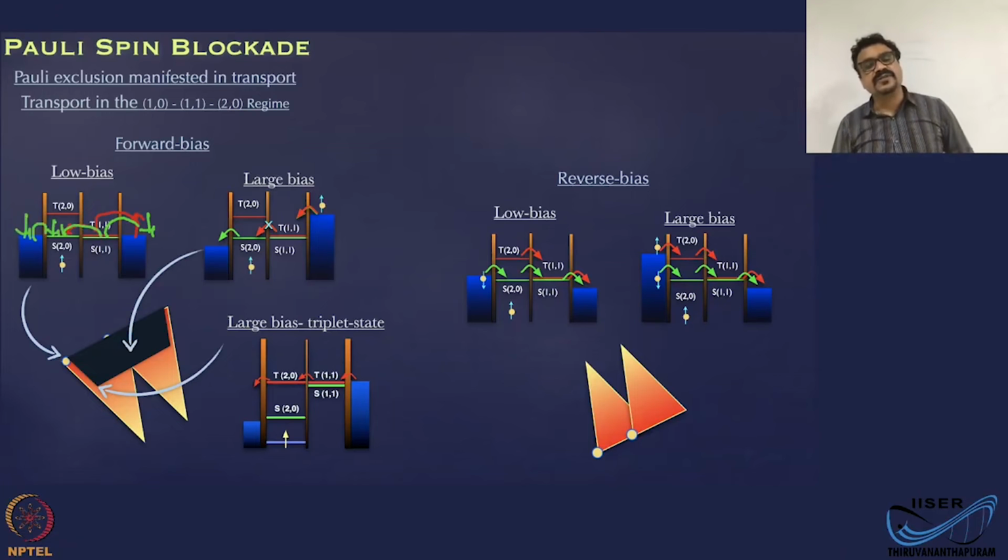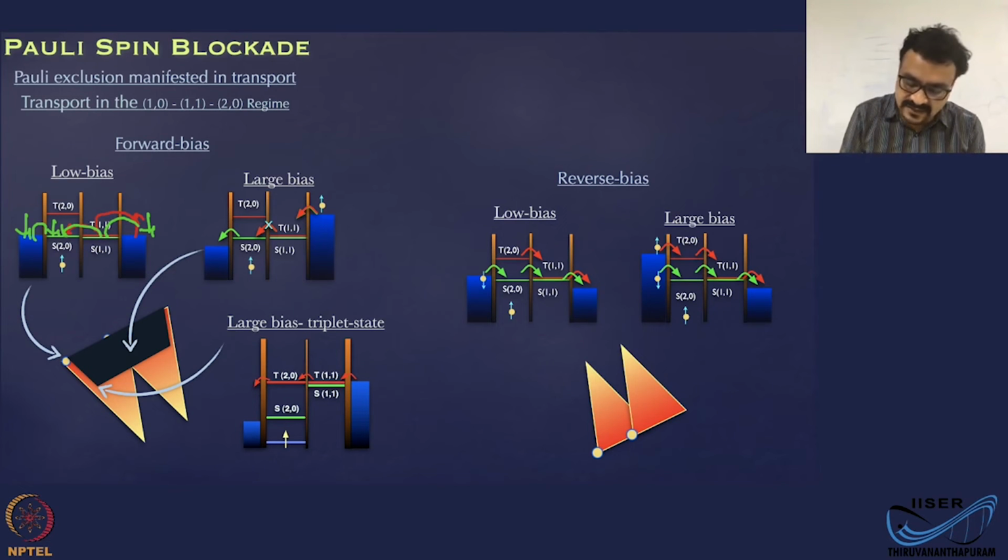So that is possible. What that means is you will have current for a low bias regime as long as this level here is close to the Fermi level. So you have current, and that is represented by this bright orange spot here.